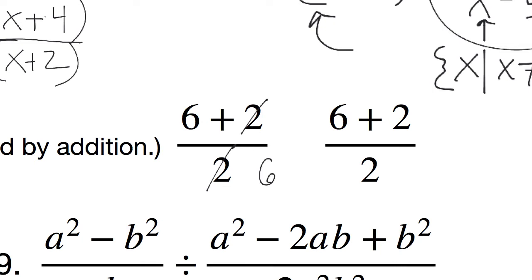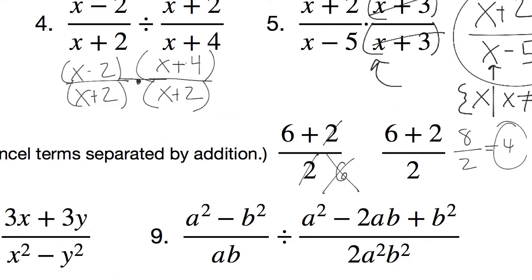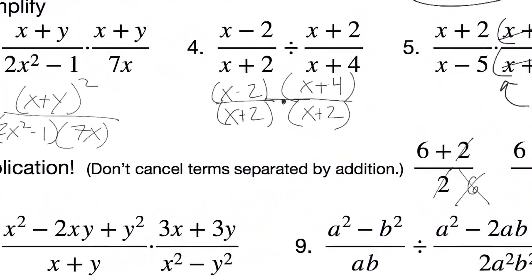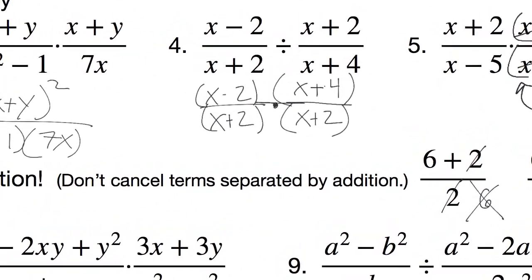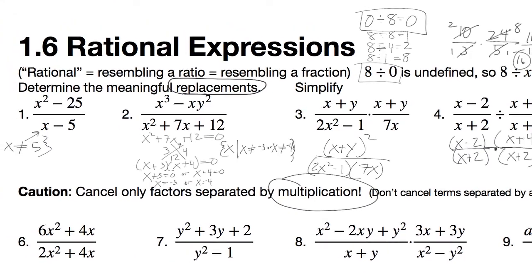Well, 6 plus 2 is actually equal to 8, and 8 over 2 is actually equal to 4. 4 is the real answer. If you do canceling in this way, you're going to get the wrong answer. So don't cancel terms separated by addition, cancel terms separated by multiplication.